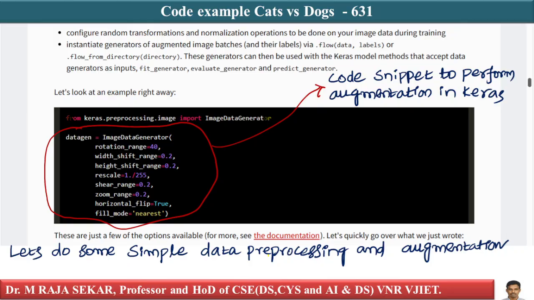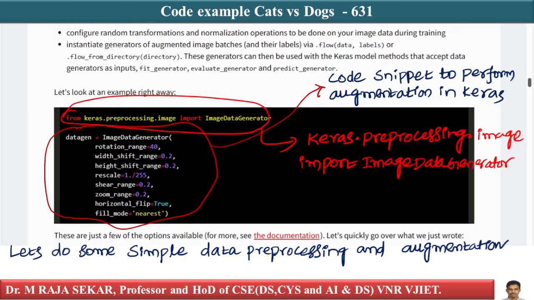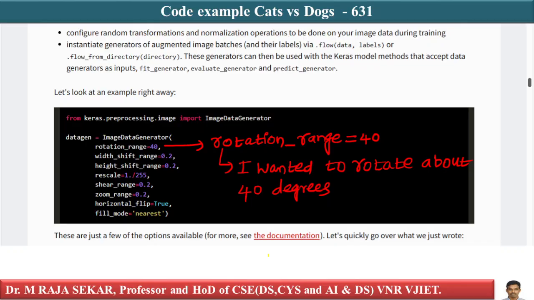You just say from keras.preprocessing.image import ImageDataGenerator. You can check all these things. I want rotation_range equal to 40, which means I want to rotate by about 40 degrees.